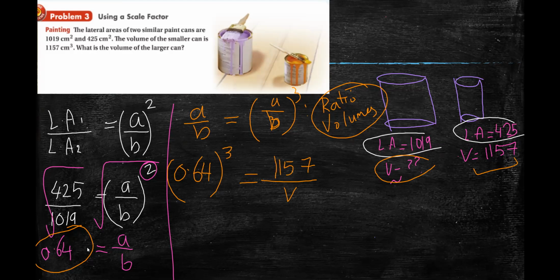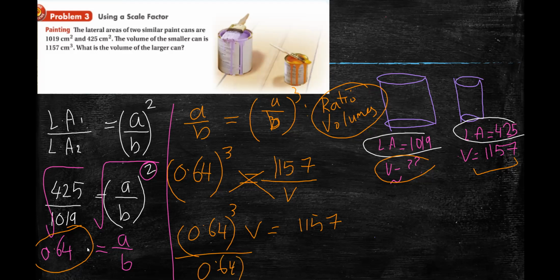Then one variable is unknown, which is the variable of the larger shape or the larger figure. You can do it like this: 0.64 cubed times V equals 1157 over 0.64 cubed.